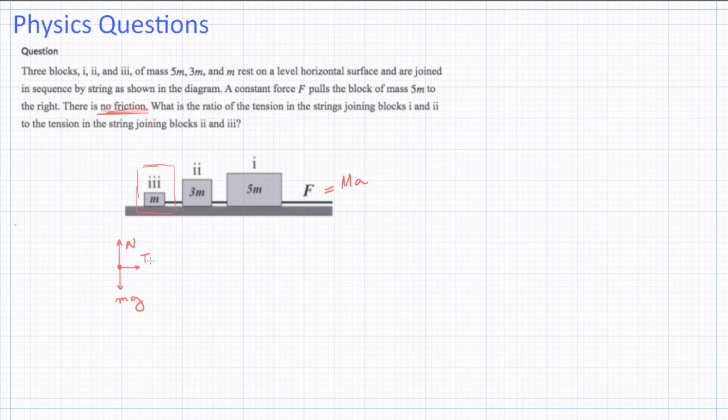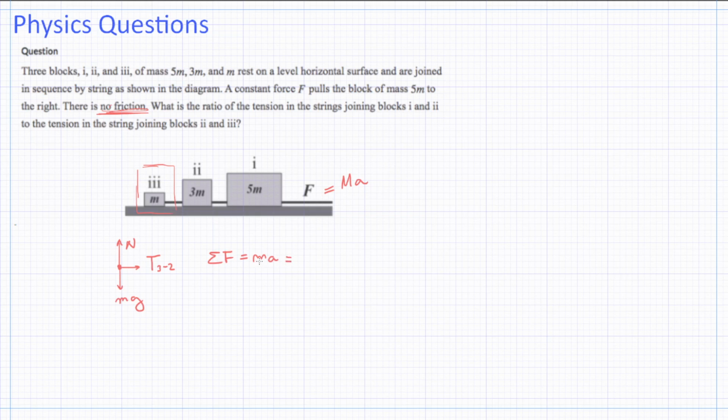I'll call this T3,2. Now, if we do the sum of the forces, since it's not in equilibrium, it's accelerating, this should be equal to mass, which is lowercase m, times acceleration.